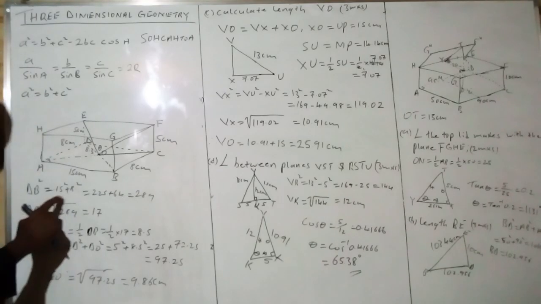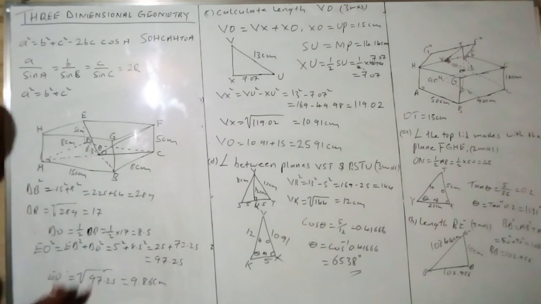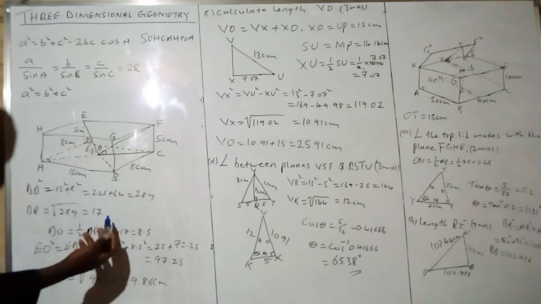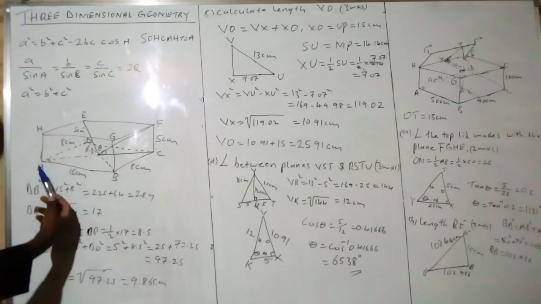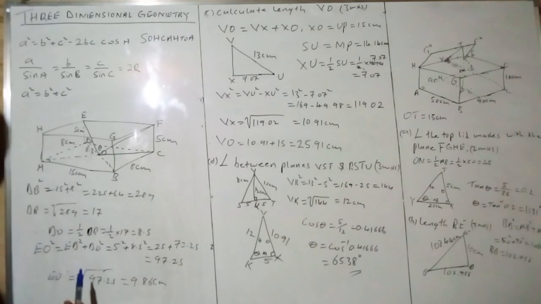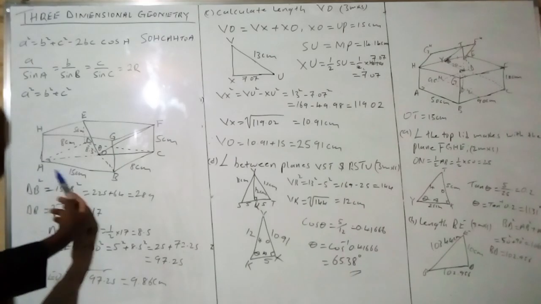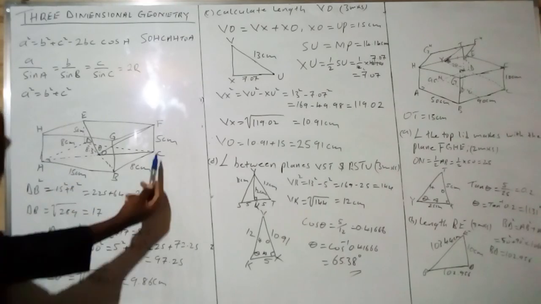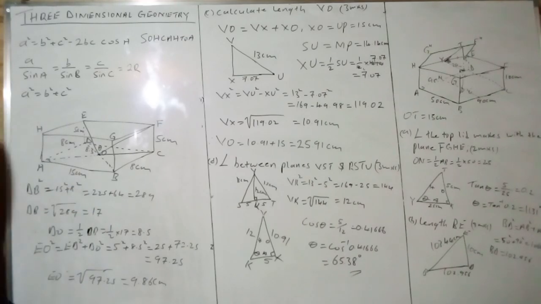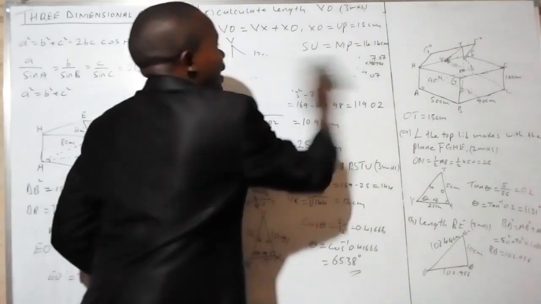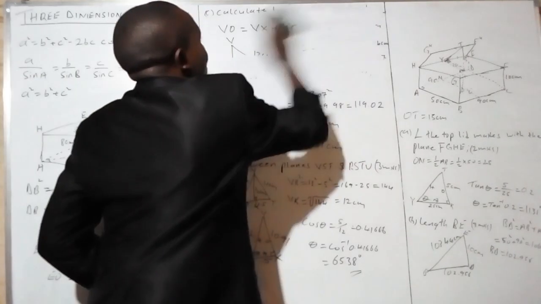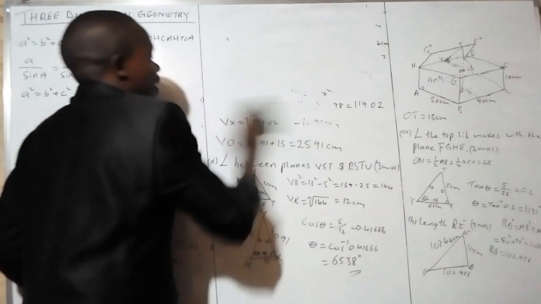AC again will be, DB is 17, which means AC will also be 17.